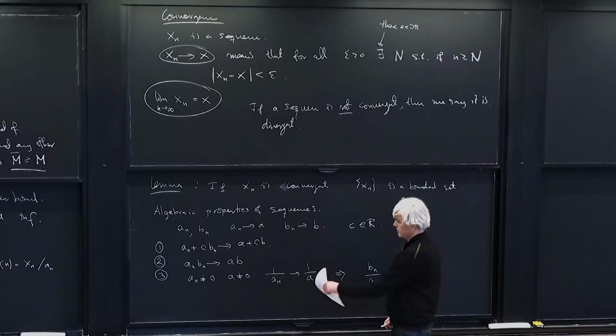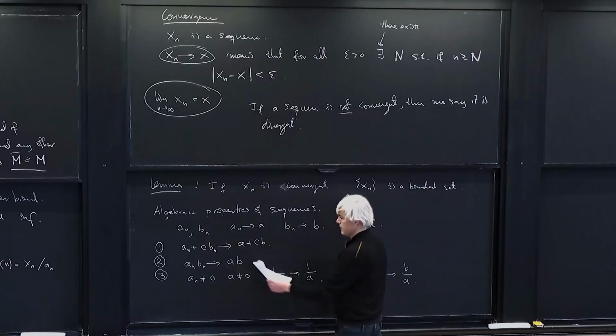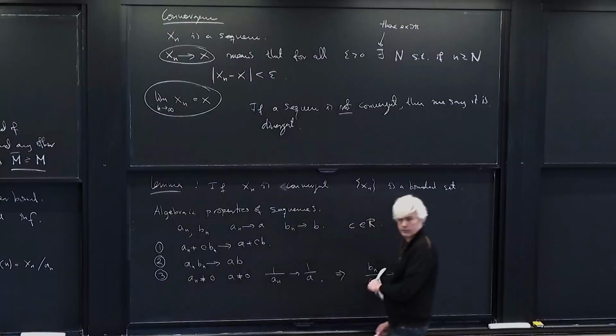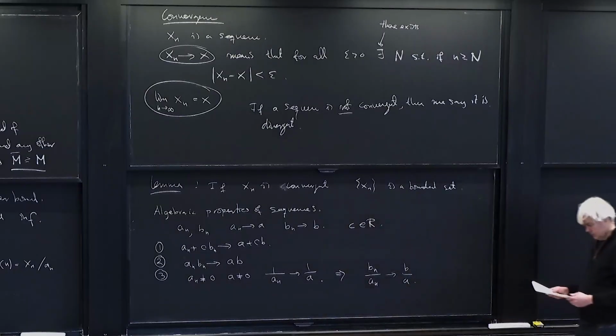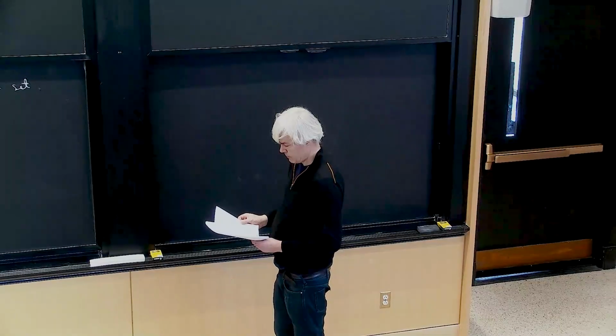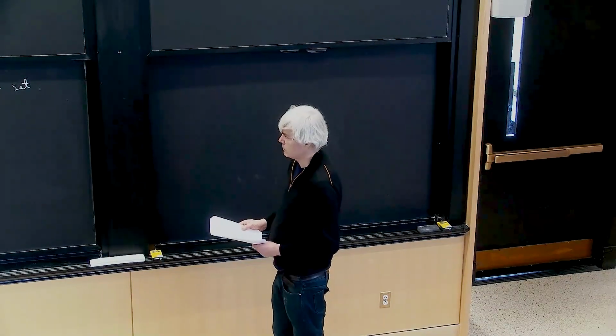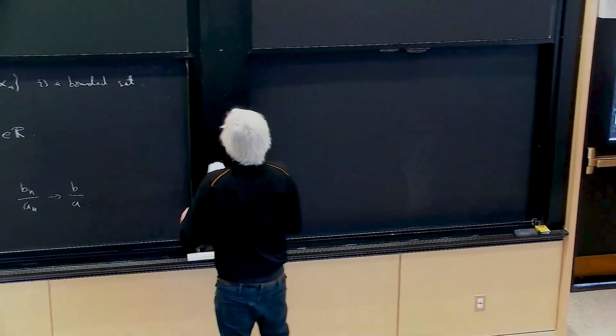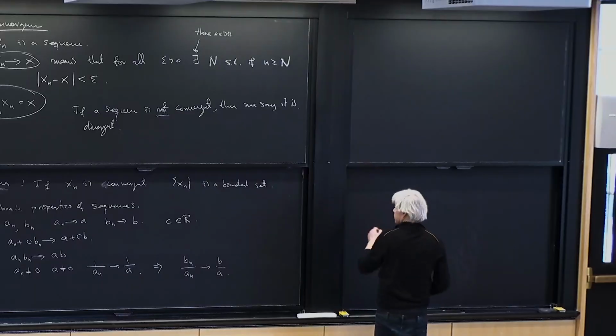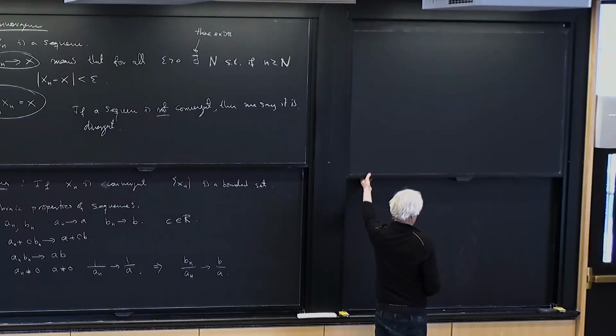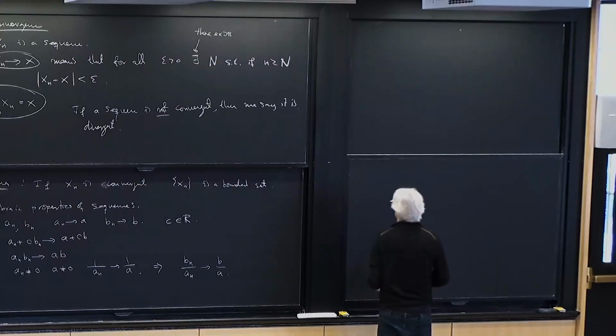This is just because this property combined with property 2 will give you this. Okay, so that's the algebraic properties of limits. Then you have the concept of a subsequence. So a subsequence.